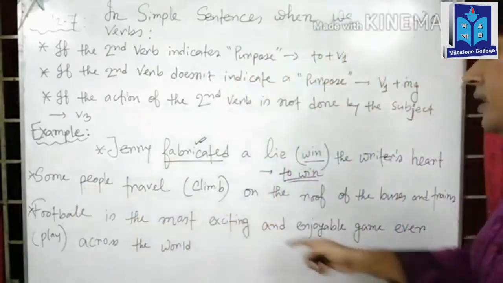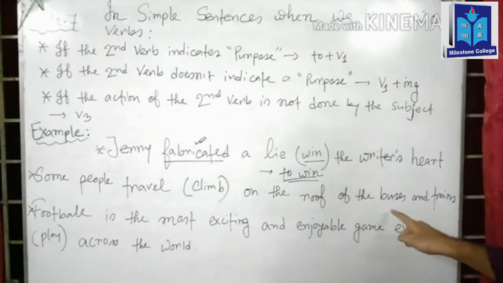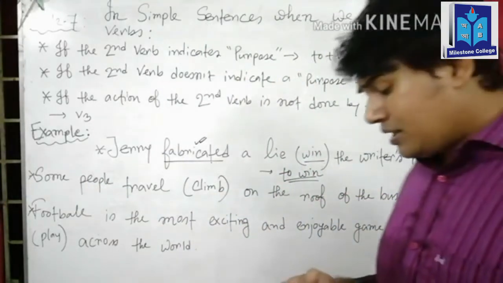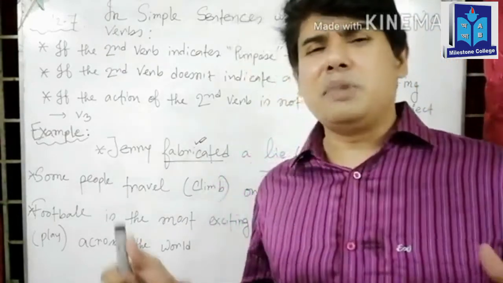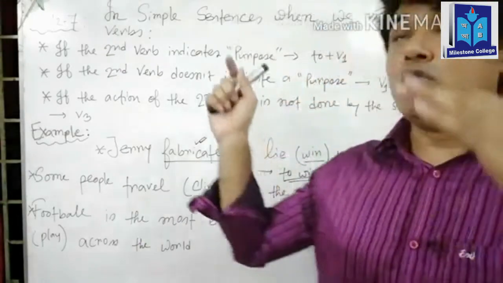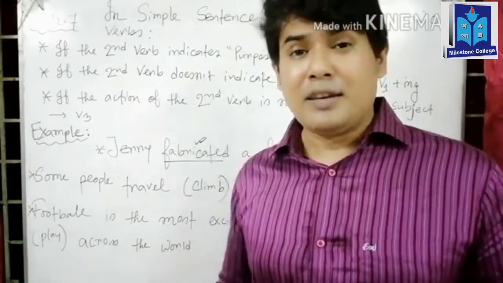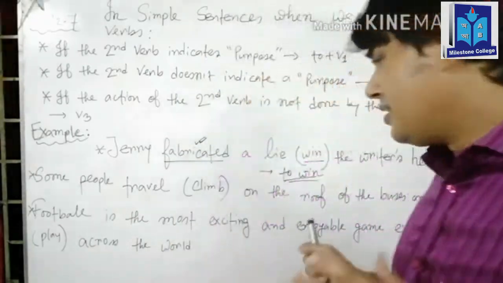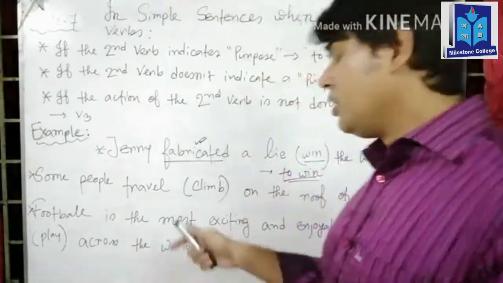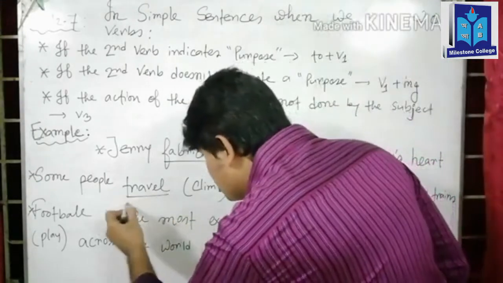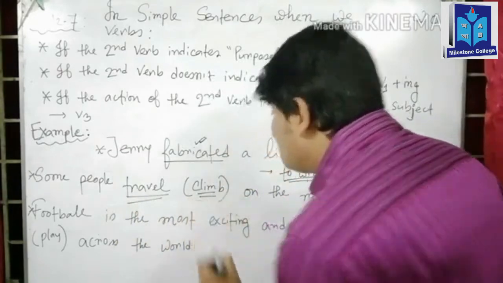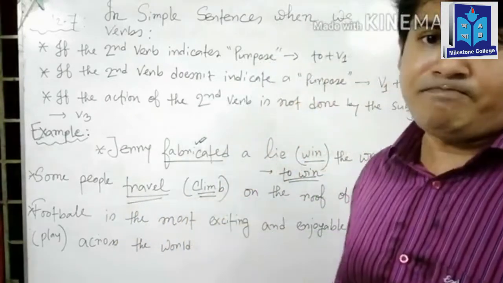Some people climb on the roof of the buses and trains. When Eid times come, you have also seen that many people climb on the roof of the bus or train, and it makes the whole situation so difficult. Some people travel. Here the first verb is travel, and what will we do with the second verb?